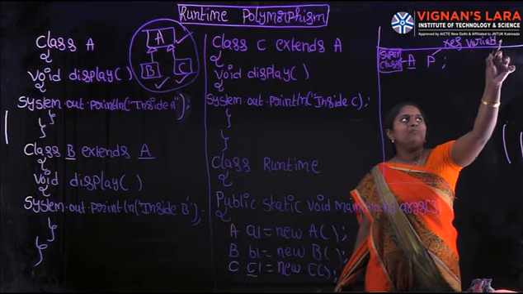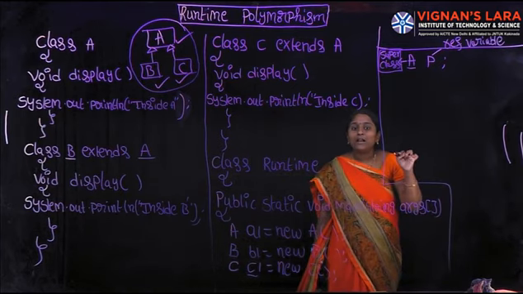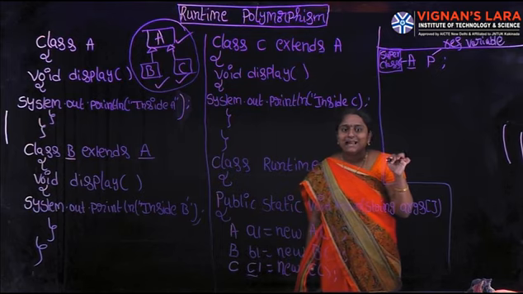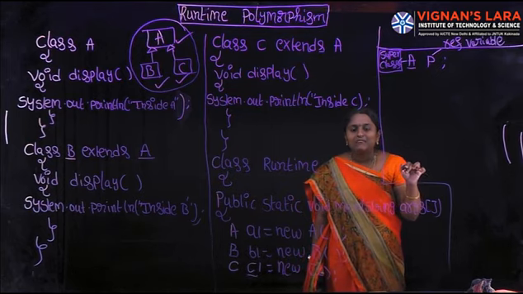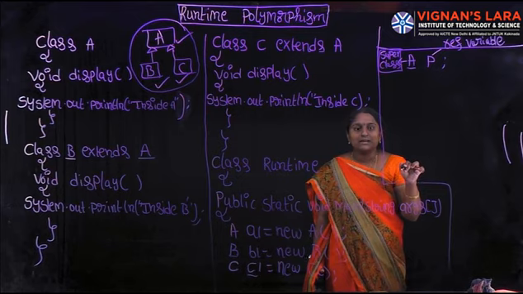What is runtime polymorphism? It is a process in which a call to an overridden method is resolved at runtime rather than compile time. In this, an overridden method is called through the reference variable of which class? Superclass.